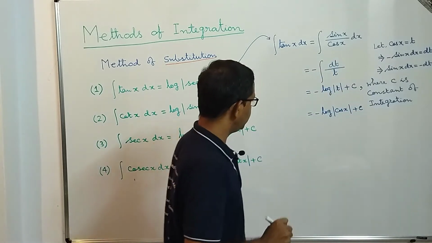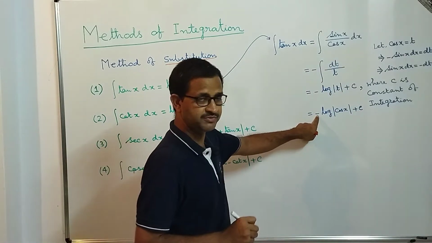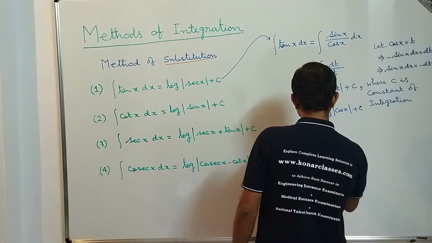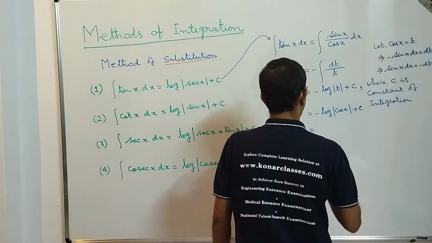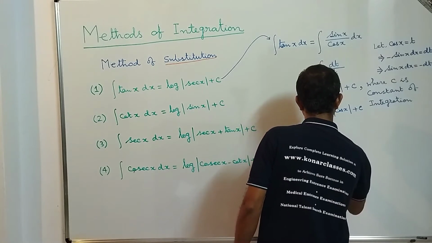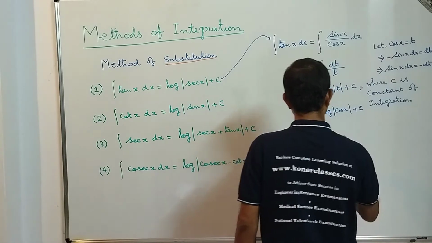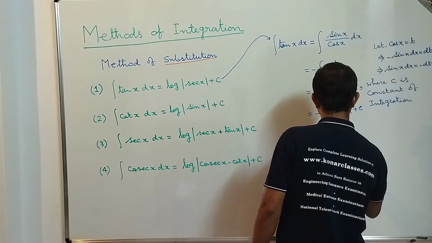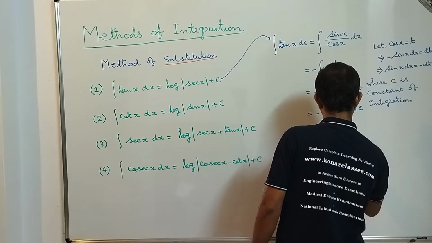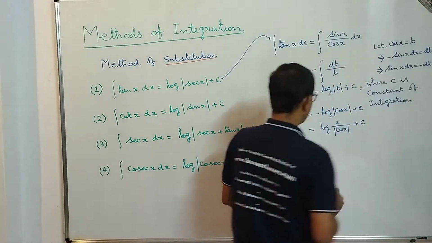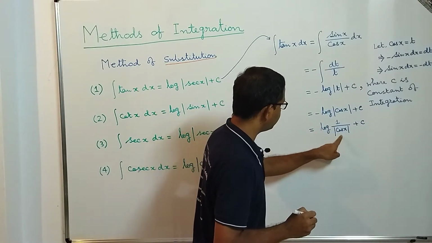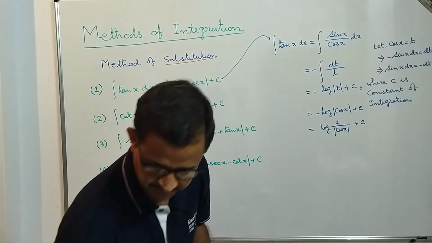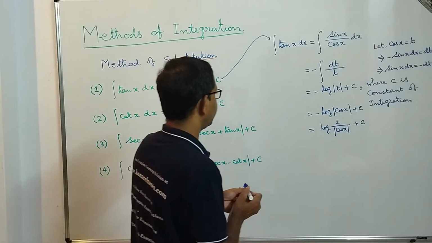Now, to remove that minus, we can write this as log of 1 by mod cos x, plus c. How come? Because log of 1 by mod cos x means log 1 minus log of mod cos x.